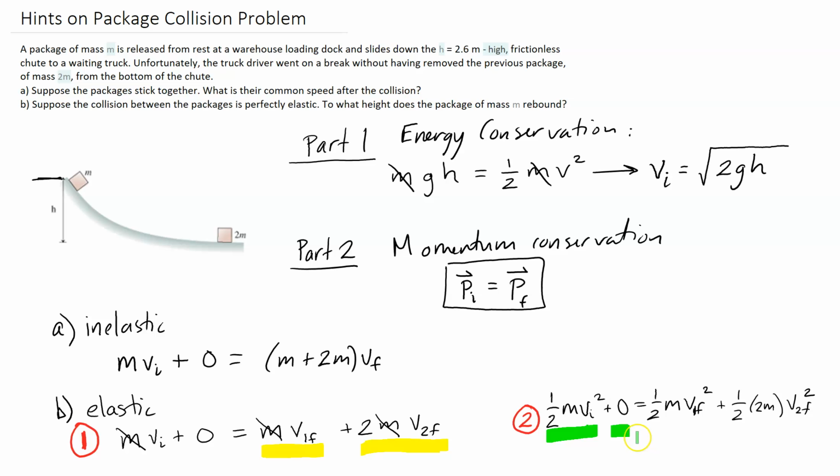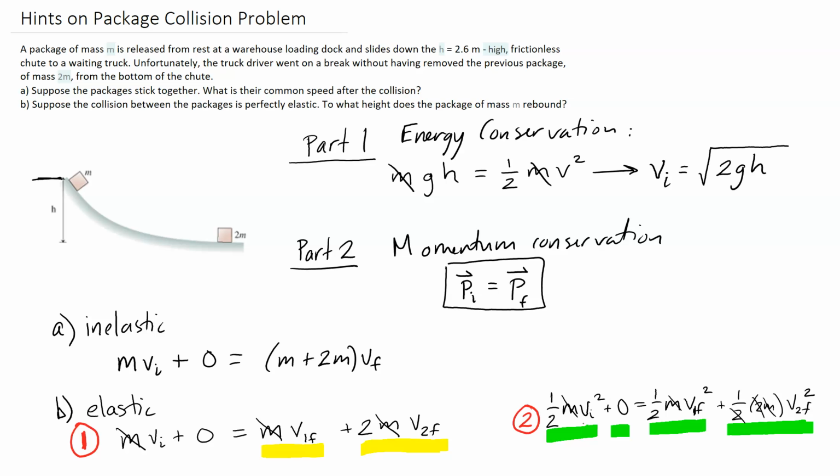This is all initial. Then in the final case for kinetic energy, I've got kinetic energy of the first package and kinetic energy of the second package. You can see that you're going to be able to simplify this equation quite nicely because you can get rid of some 2's, you can get rid of some m's because they show up in all of the terms.